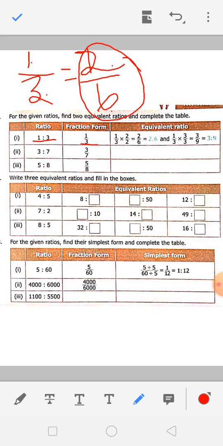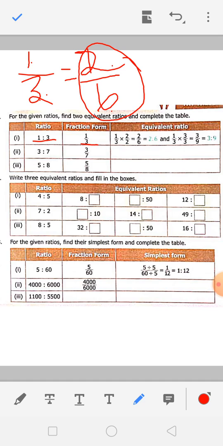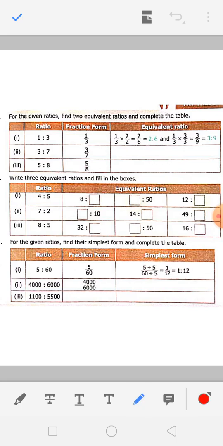Next step is what? First one, the 2 table, is over. Next is the 3 table, multiply by 3. So 1 3s are 3, 3 3s are 9. Look at that, this is 1 by 3 is equal to, next one, multiply by 2: 1 2s are 2 divided by 3 2s are 6.